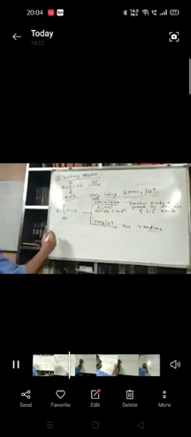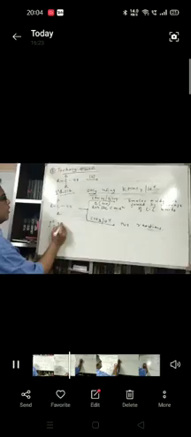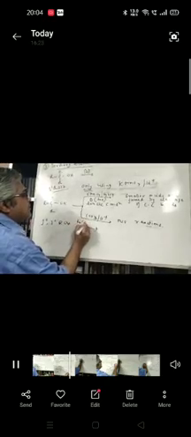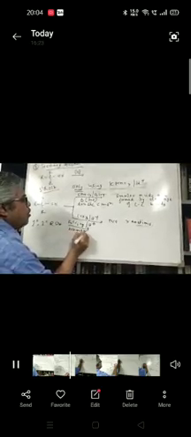That means 1-degree or 2-degree alcohol, when treated with acidified dichromate, which is orange in color, there will be green coloration. Why?